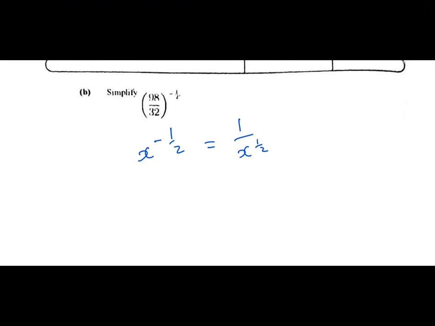Remember, any number to the power of a fraction a over b is the same as the b-th root of that number to the power of a. So 1 over x to the power half is the same as 1 over the square root of x.